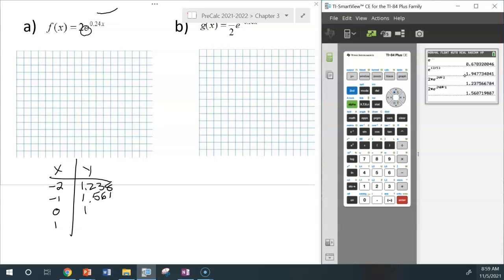And then let's put in 1. So now we're going to do second ln, e. Sorry, I keep messing that up. 2 times second ln of 0.24 times 1. And I get 2.54.